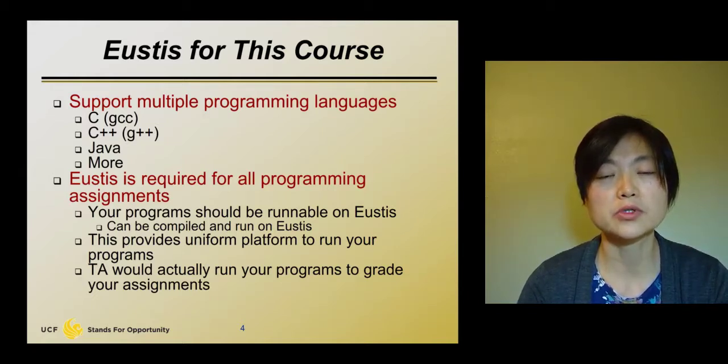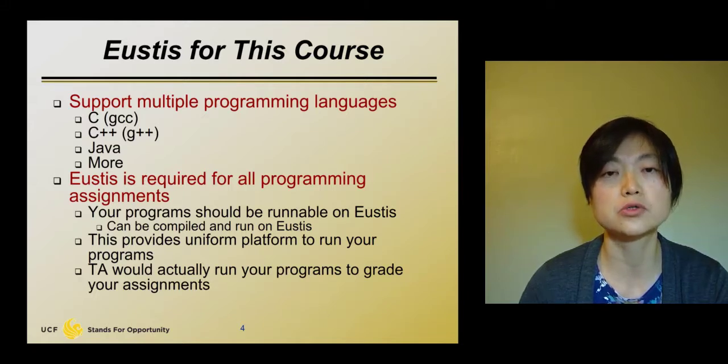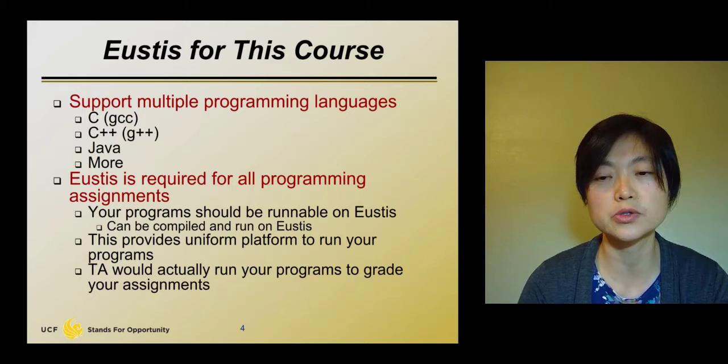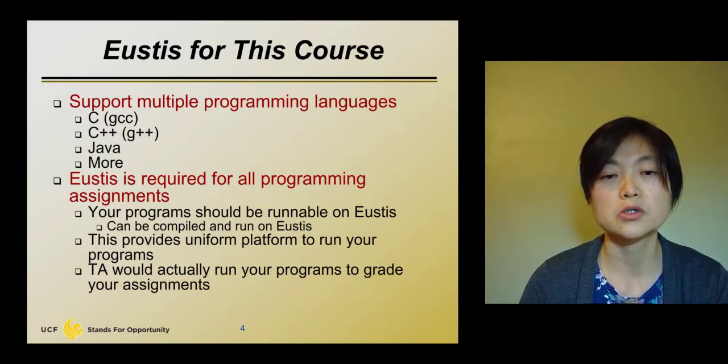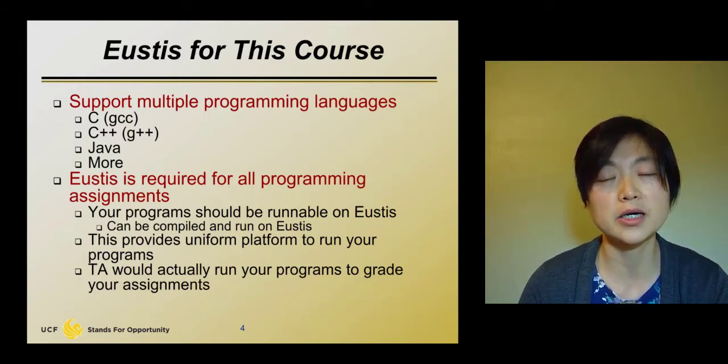All these programming languages are supported on Eustis. And as part of the requirements for your programming assignment, your program should be runnable on Eustis, which means your code should be able to be compiled on Eustis and be run on Eustis.